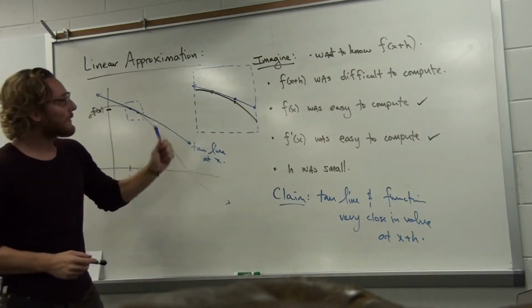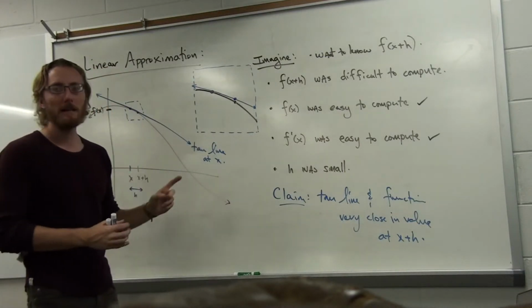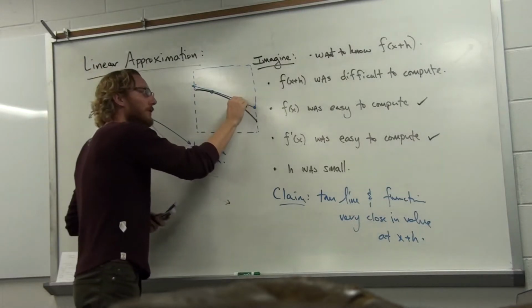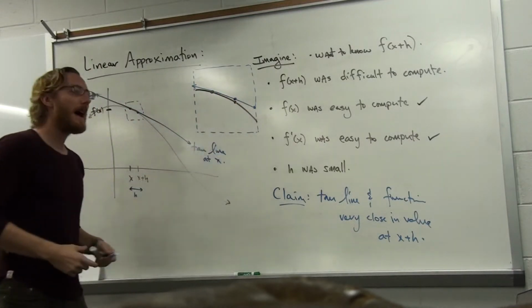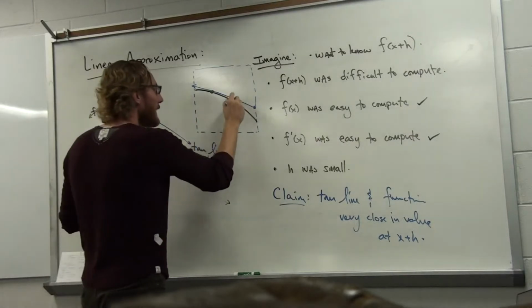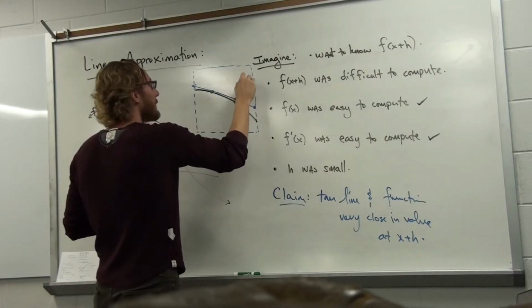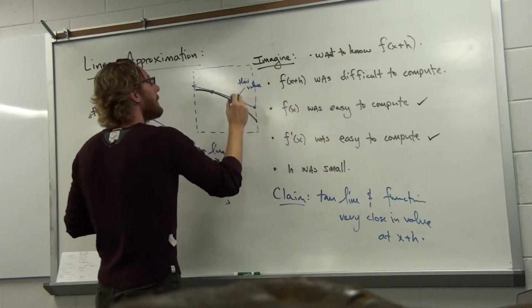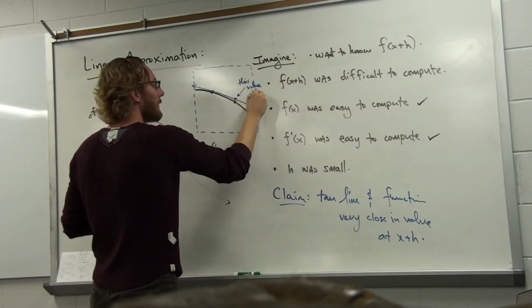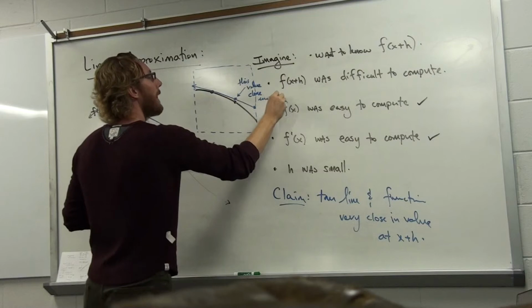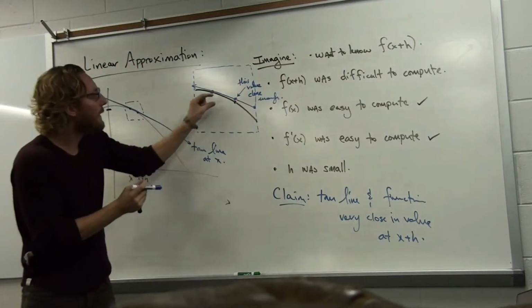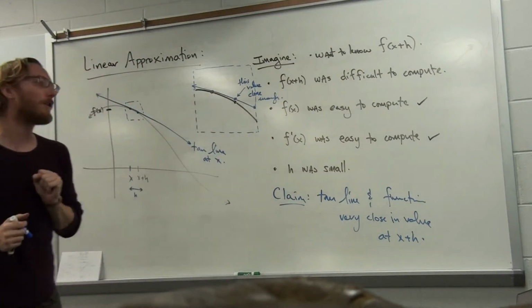So the question then is, can we find the function value along that derivative? I claim we totally can, because if we can zero in on this point here, this value is close enough. It's real close to our value of interest. There's only a small margin of error.